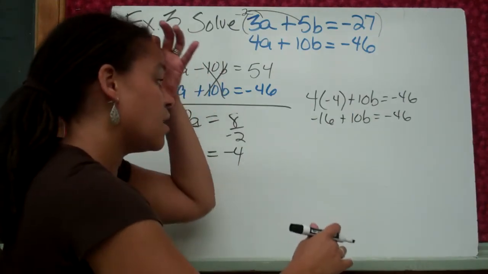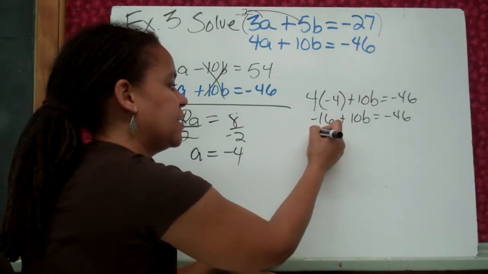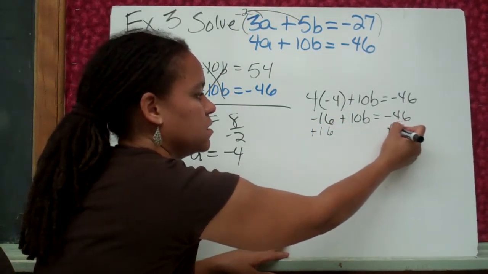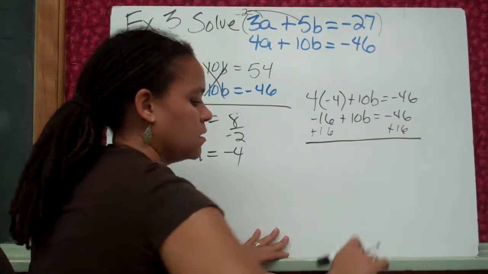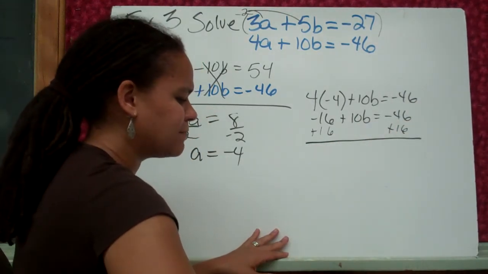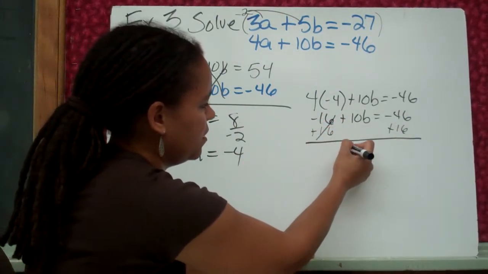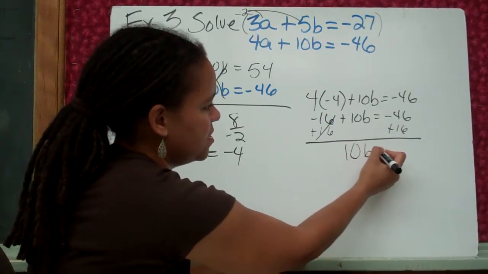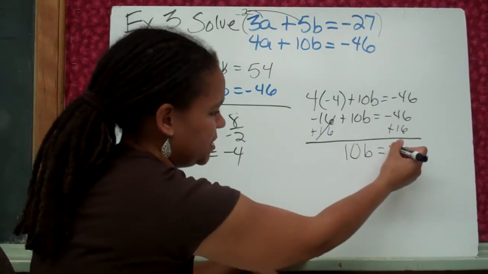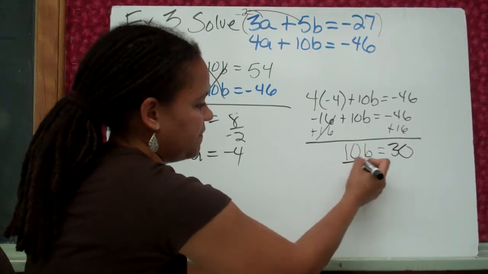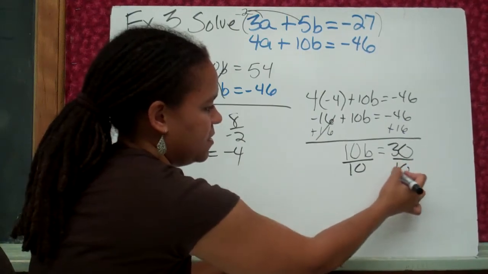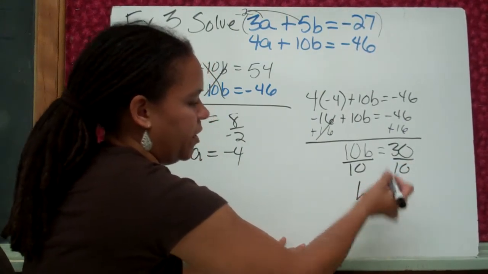When I add 16 to both sides, negative 46 plus 16, I know this, 30. 10b is equal to positive 30. Let's divide by 10, divide by 10. B is equal to 3.